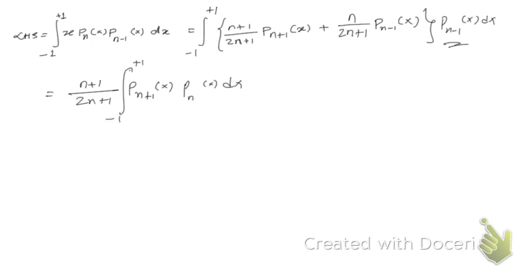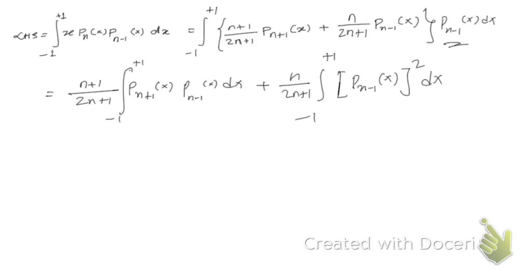That's what we're gonna have, and plus n/(2n+1) integration from -1 to +1, and then if you multiply this one and this one, you're gonna have P_{n-1}(x) whole square dx, right? That's what we're gonna have.